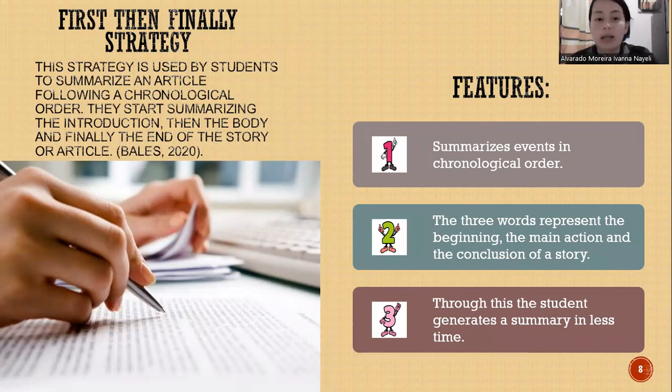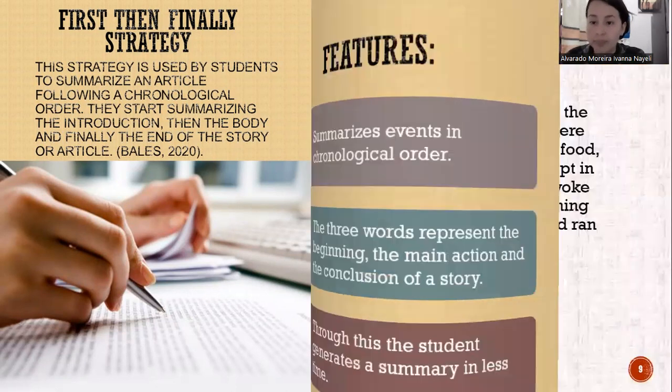This strategy is used by students to summarize an article following a chronological order. They start summarizing the introduction, then the body, and finally the end of the story or article. Vales 2020. Okay, its features are: first, summarize events in chronological order. The 3 words represent the beginning, the main action, and the conclusion of a story. And finally, through this, the students generate a summary in less time.